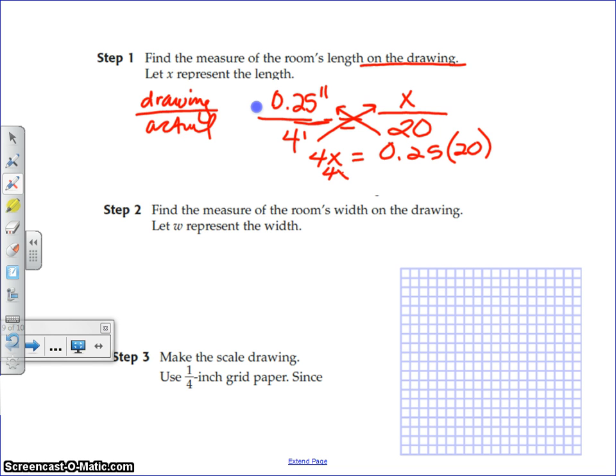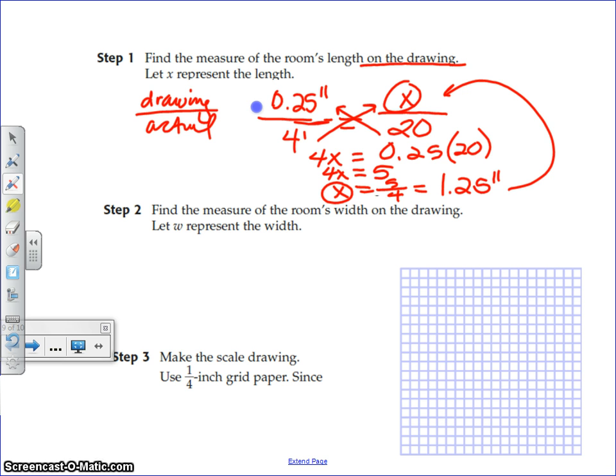And 4X equals 0.25 times 20, which is 5. So X equals 5 over 4, or 1.25 inches. So that's what X equals. On the drawing, it's going to be 1.25 inches.